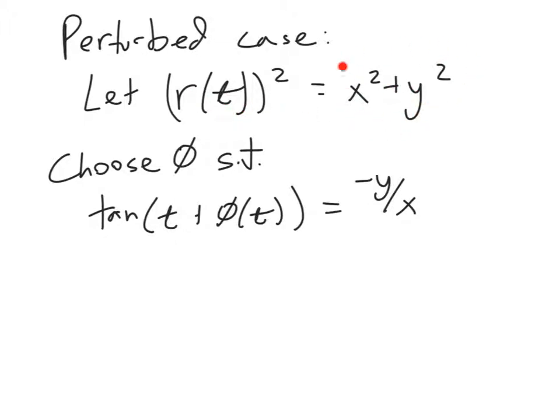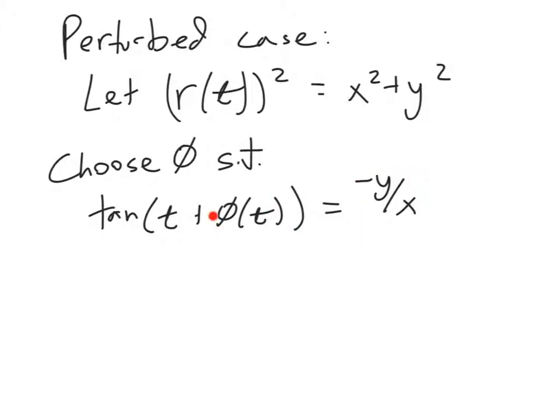And we know that because of the perturbation, before our radius was constant, but now it's probably changing in time, and the way it's changing is going to depend on epsilon. And in addition, we can choose some phi that depends on t as well, and it's chosen so that however phi depends on t, it's always being given by the actual perturbed relationship between y and x.